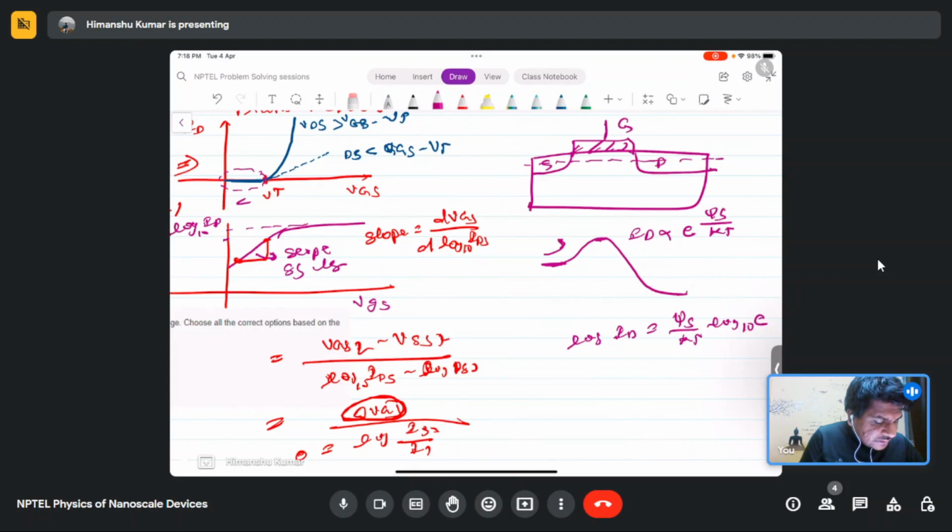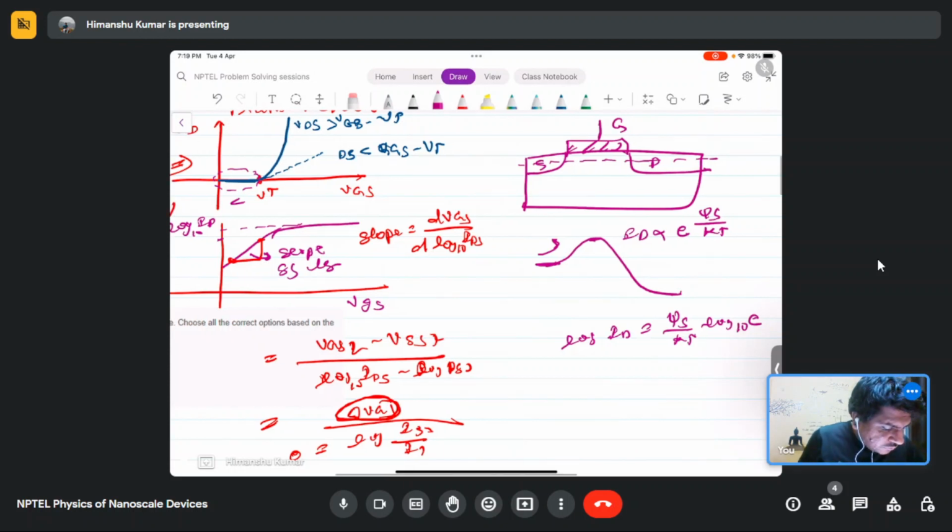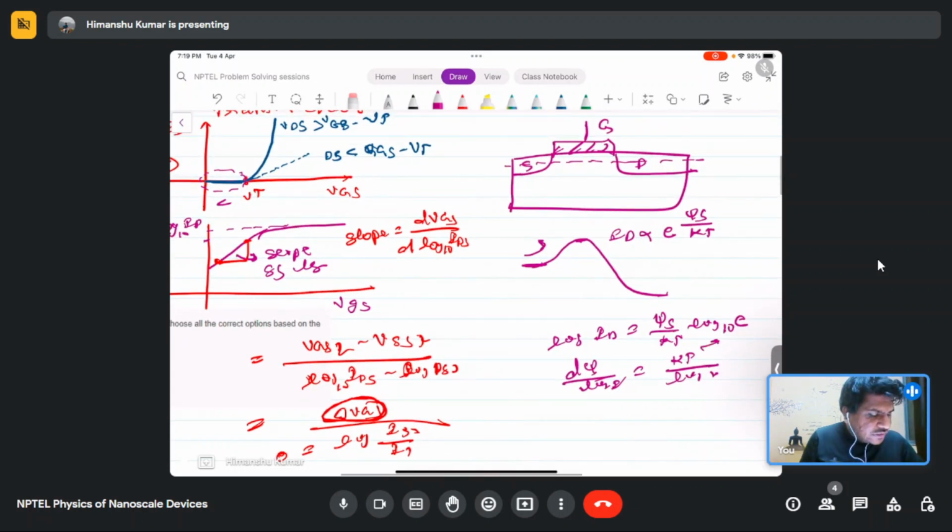If we invert this and calculate, d psi s by d log of ID will be equal to kT times log 10 e, and since this is a constant, it comes out as 60 millivolt per decade.